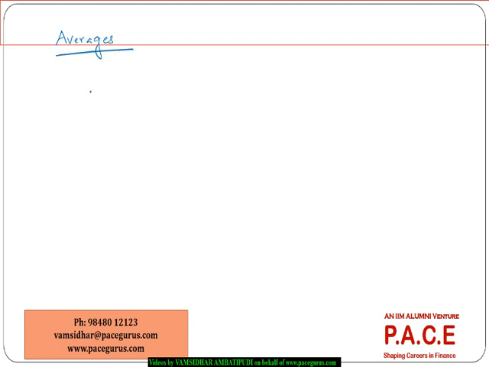We use averages in some form or the other for different purposes. But just to classify them on a broad scale, we have three major definitions of averages which we all know in some form or the other: the mean, the median, and the mode. These are the three different definitions of average.